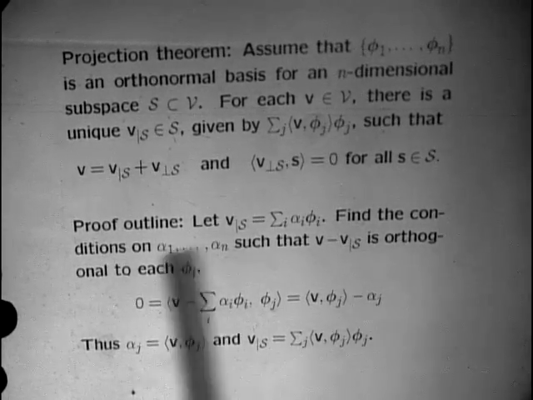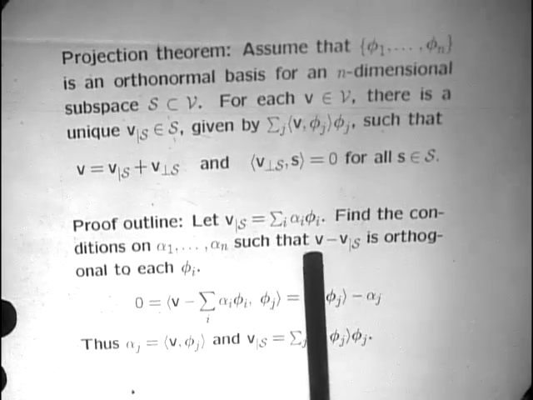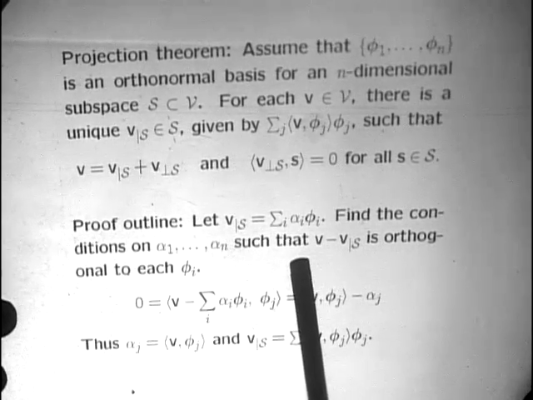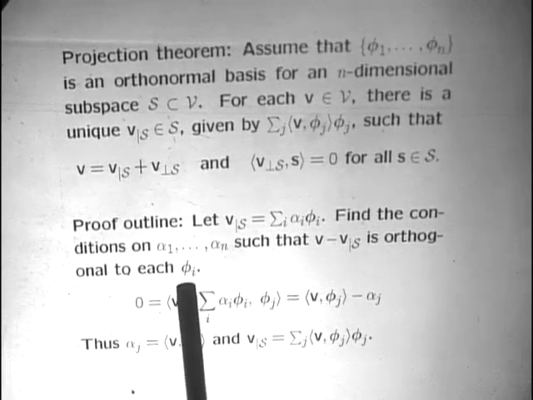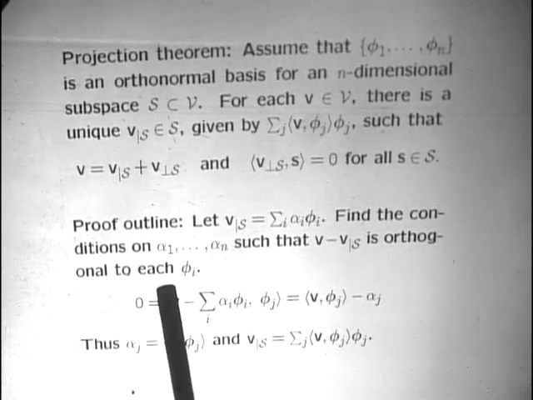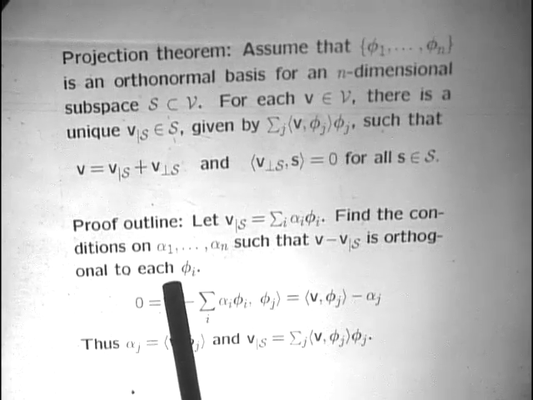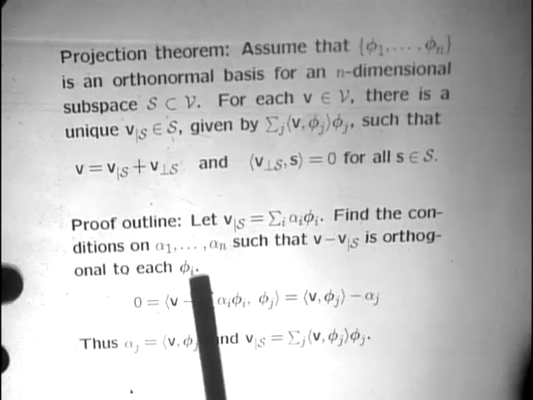I want to find the conditions on these coefficients such that V minus the projection, in other words, this V perp as we've been calling it, is orthogonal to each phi sub i. Now, if it's orthogonal to each phi sub i, it's also orthogonal to each linear combination of the phi sub i's. So in fact, that solved our problem for us.